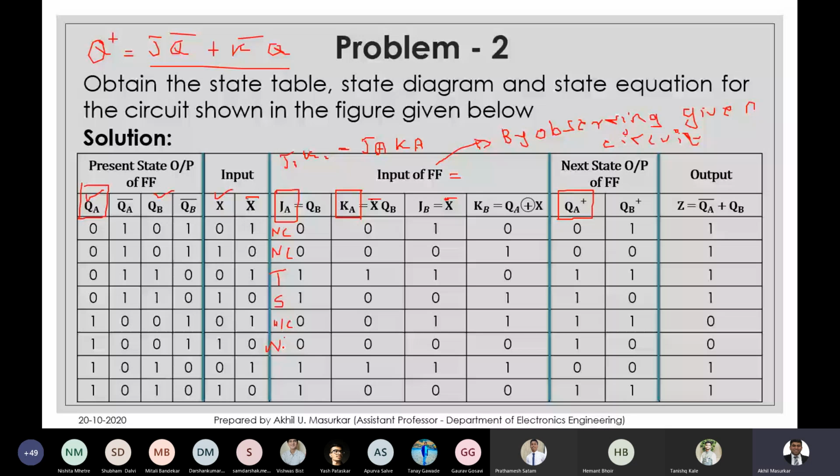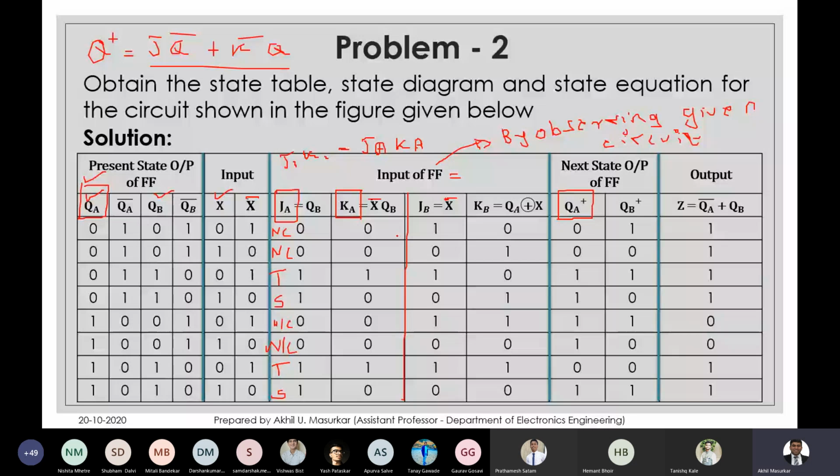So we are looking only at JA KA and deciding what the output should be. But we already have a present state output, that is QA. So now when JA is 0 and KA is 0, that is the first case, what are we expecting? No change in the output.